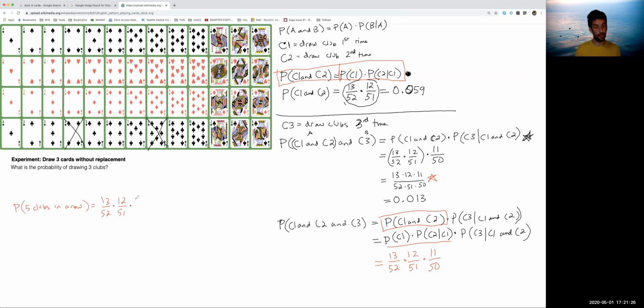So then we multiply by the probability of pulling a club the third time, the fourth time, and the fifth time. Each time we lose a club in the numerator, we lose a card in the denominator. I'll let you multiply that out if you're really curious about what the number is, but it's a nice pattern that shows up that we can use for problems of this type.